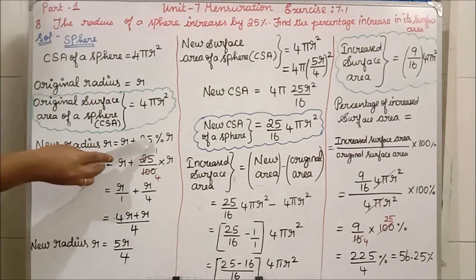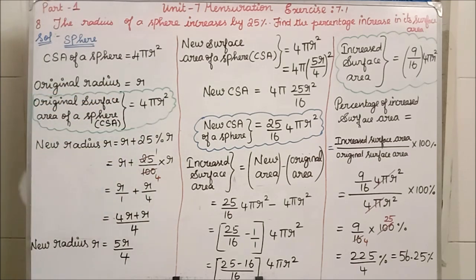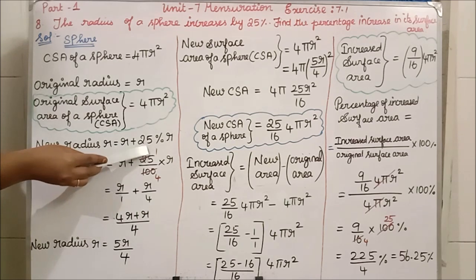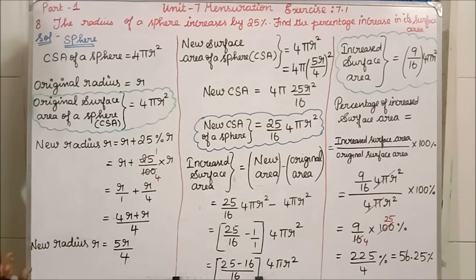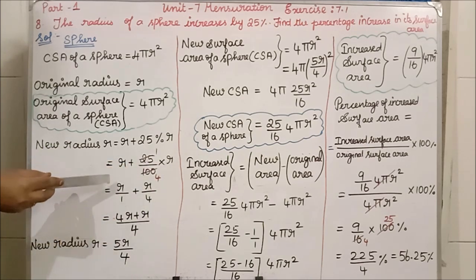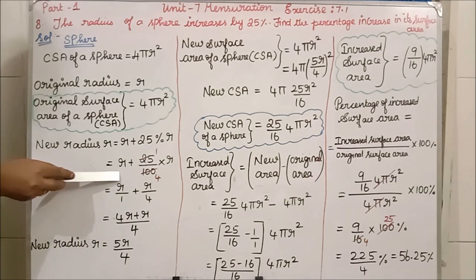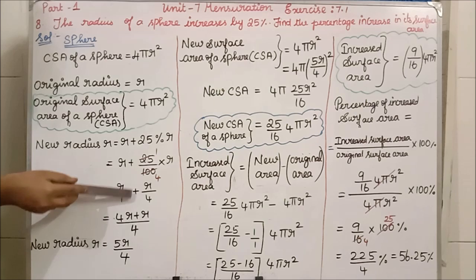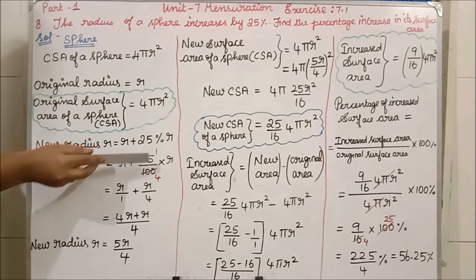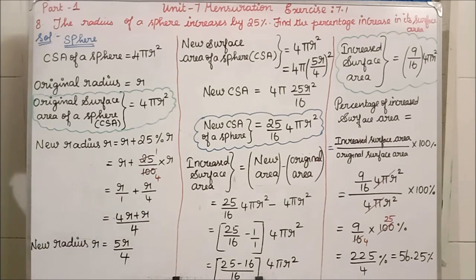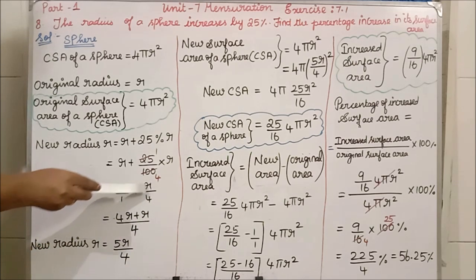So r plus 25 percentage into r. Clear? So I am writing r plus 25 percentage, which is 25 by 100 into r. In the next line, r divided by nothing, no denominator, so we take 1. So r by 1 plus, after cancelling, I am getting the numerator 1. So 1 into r is r divided by 4. In the next step I am doing the cross multiplication.